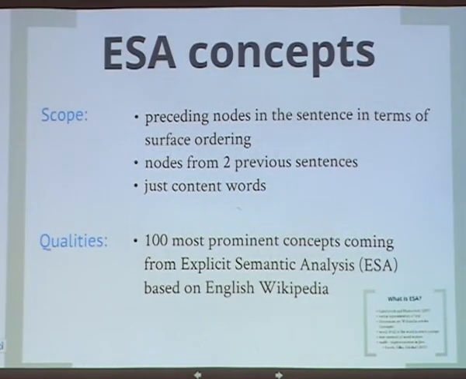Okay, so here the scope for these features was the same as in the previous case: the previous two sentences and all the lemmas. I just concatenated those lemmas to obtain a text, and then I push this text into the ESA library, which gives me a vector of concepts, and I select just the 100 most prominent of them.